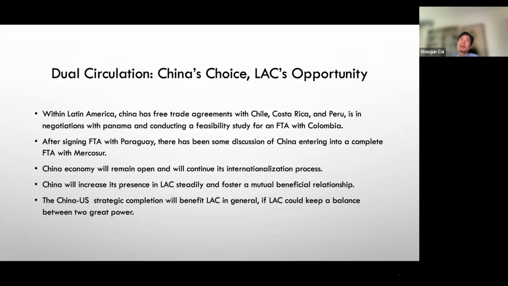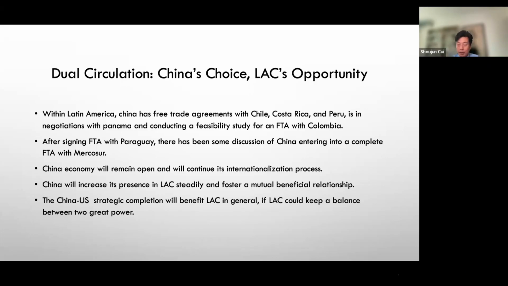Because of the change in the nature of the China economy, right now China's per capita GDP has already surpassed 10,000 US dollars. Meanwhile, the world economy is becoming sluggish, slowing down. So China has changed its strategy. The worst part is the US tension with China. They pinpoint China as a rival.